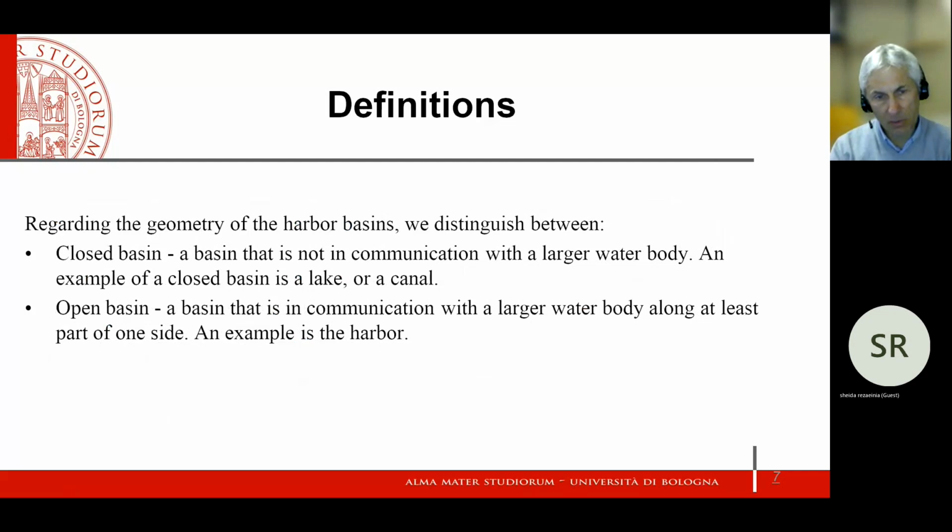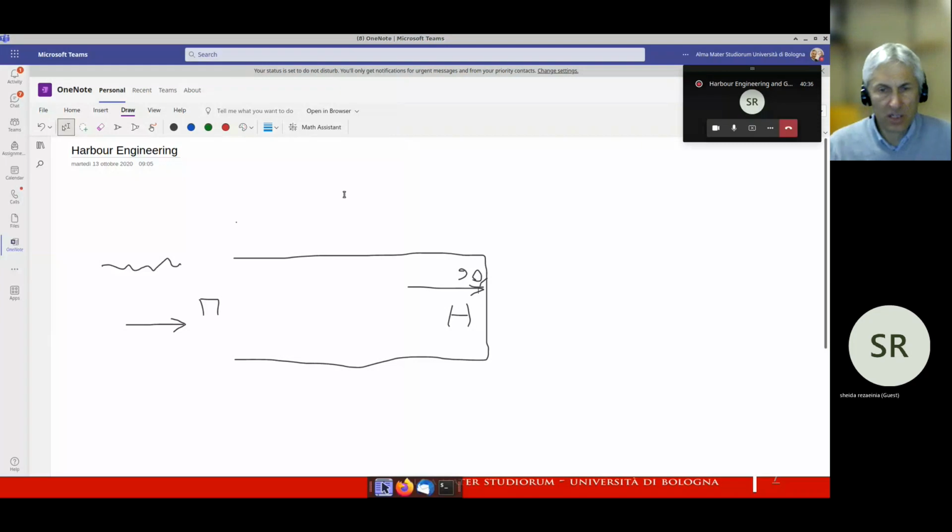An open basin is one that is in communication with a larger water body along at least part of one side. So if I go back to this sketch here, this is an open basin because on the left, in the mouth, I have a communication with the ocean.